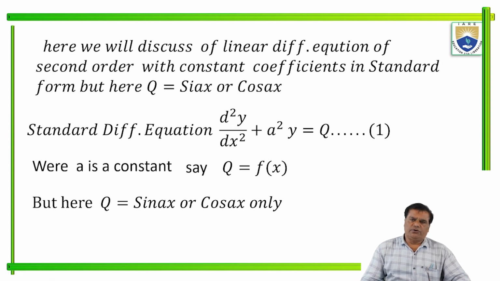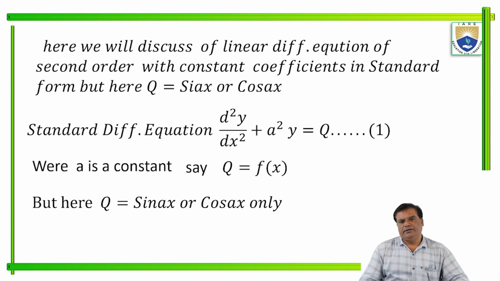Here we will discuss the linear differential equation of second order with constant coefficient in standard form, where Q equals sin ax or cos ax. Q is a function of x, but here the function of x is only sin ax or cos ax. No other function: tan ax, cot ax, cosec ax, sec ax, these four functions are not allowed here.